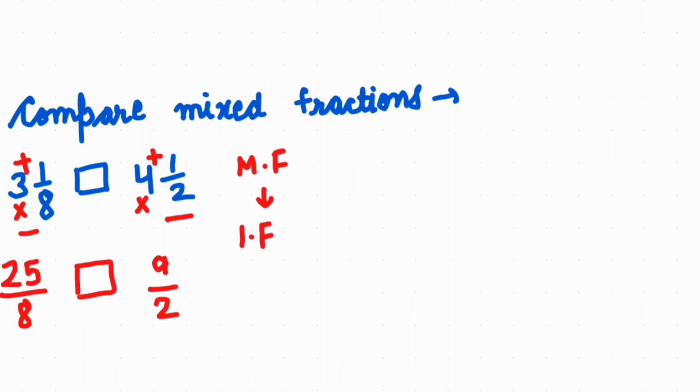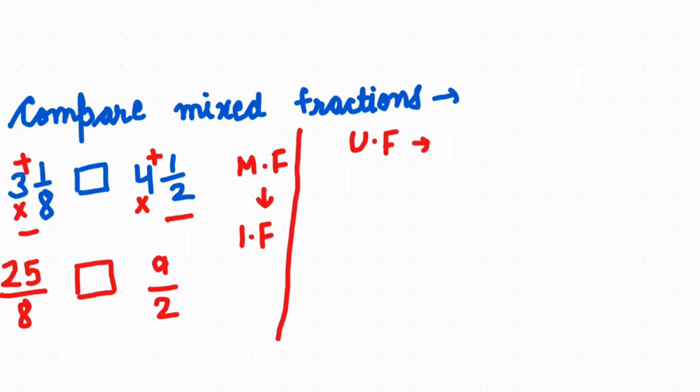Now we have to compare these two fractions. Check the denominator. 8. Here is 2. Are these like fractions? No. The denominators are not the same, it means that these are unlike fractions. And how will we compare unlike fractions? First of all, we will make the denominator the same.